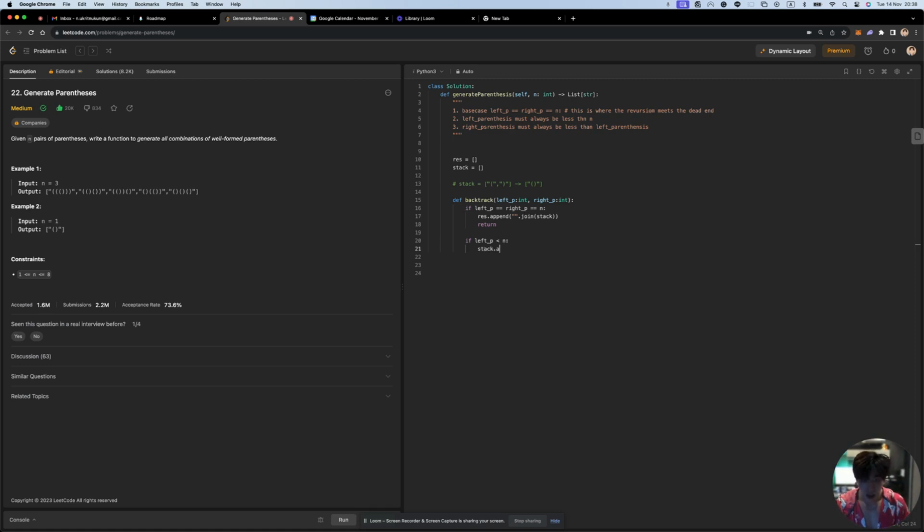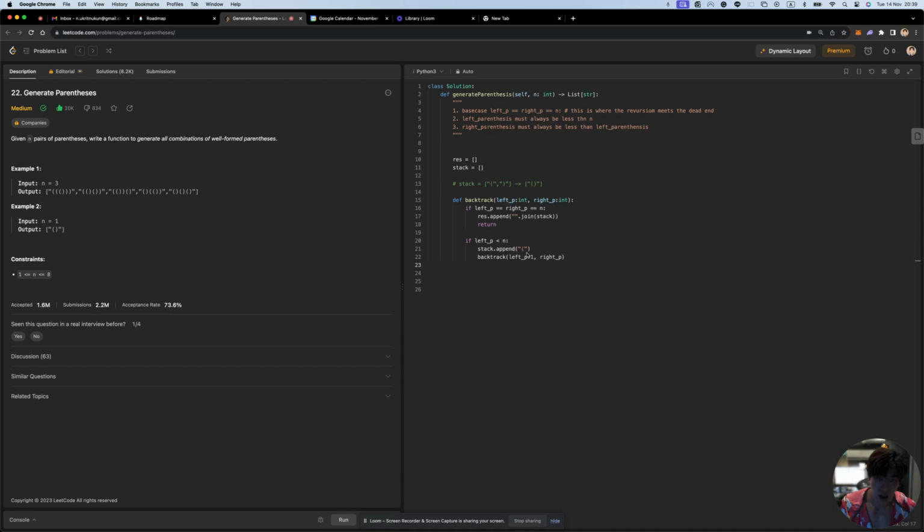we want to push, with stack.append, the open parenthesis into the stack. Then we want to call the backtrack function again, but this time since we added one left parenthesis already, we need to indicate that the left parenthesis count is more, so we plus 1 here, and then we insert the same number of the right parenthesis.